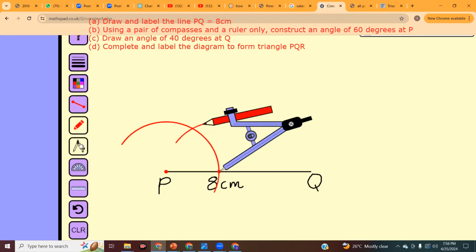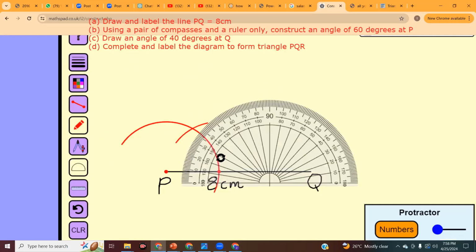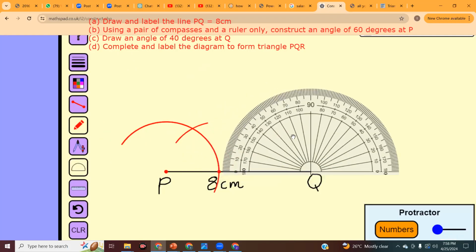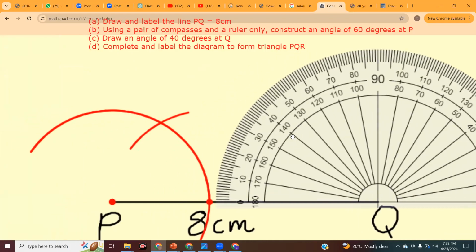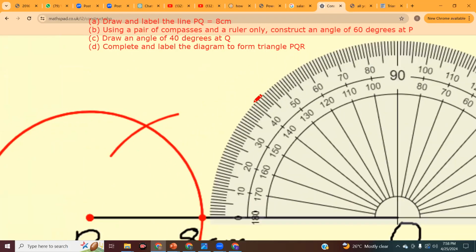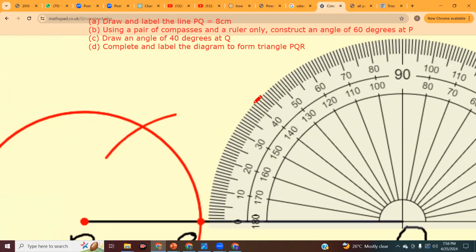Oh, okay. All right, so they say draw. When they say draw, you don't have to use a compass. You just have to use your protractor and draw it. They say draw an angle of 40 degrees. So 40 degrees is right there. So we're gonna pinpoint 40 right there. That's 40 degrees.